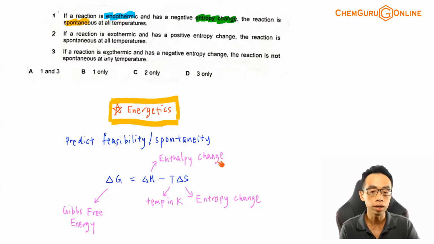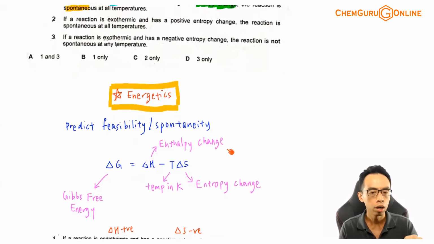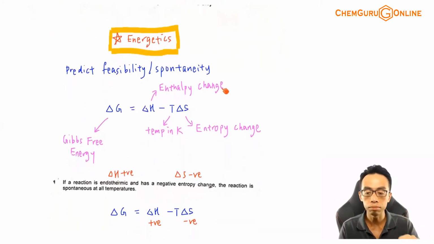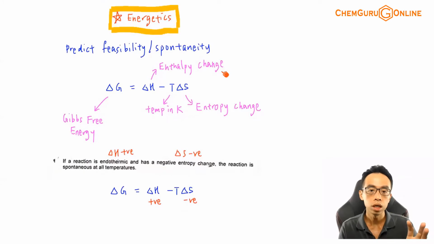We are able to do that if I have the information involving the sign of delta H and the sign of delta S. All we need to know is this equation. We need to use it for calculation anyway. So this question is actually fairly simple if we just make use of this equation.